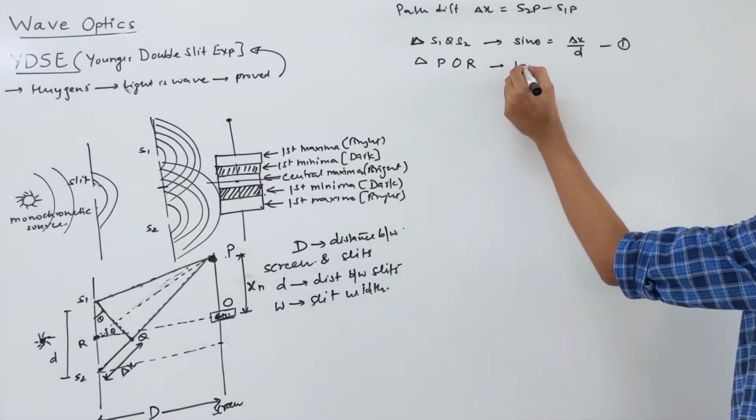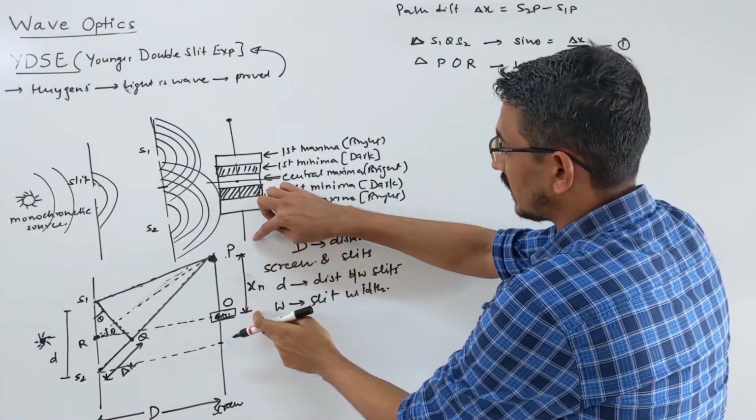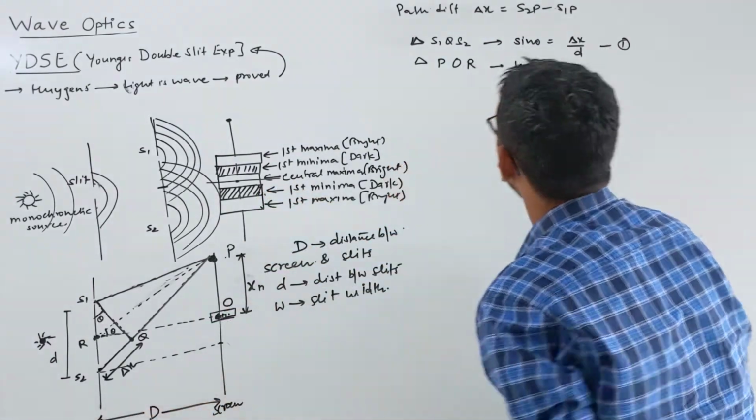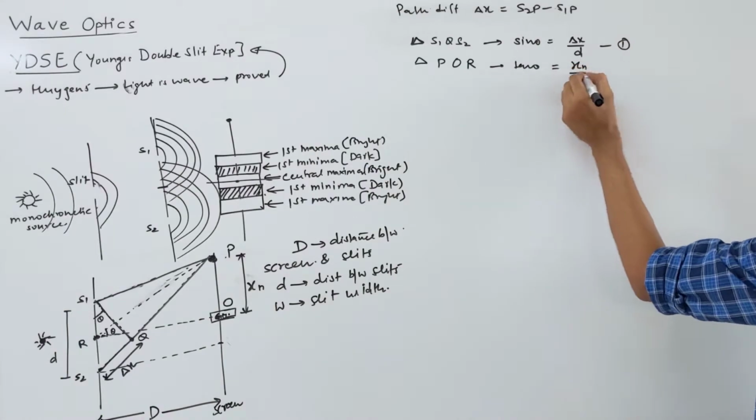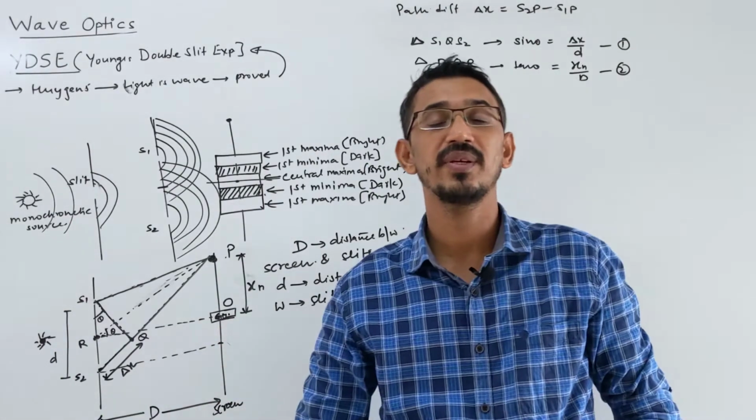Tan theta is perpendicular by base. Perpendicular is your xn distance, base is your D. So tan theta is xn by D. Equation 2. Now, these angles are very, very small.